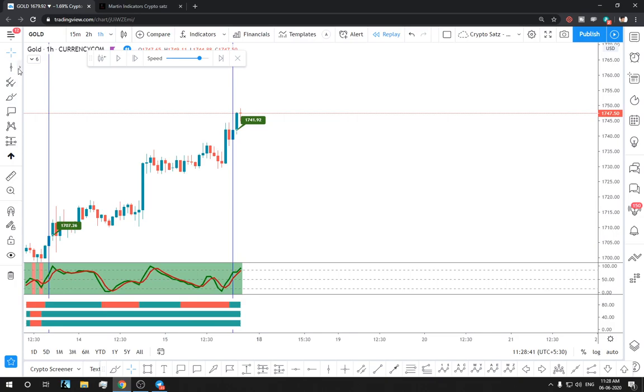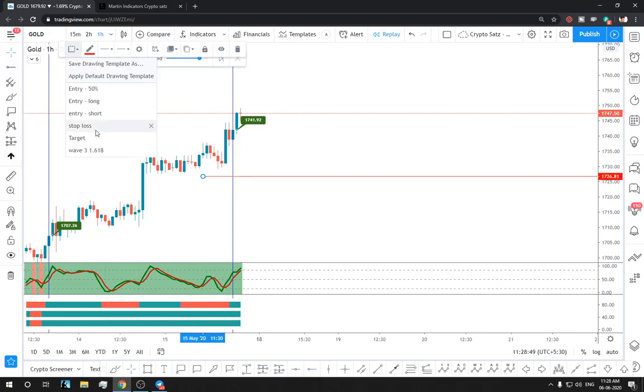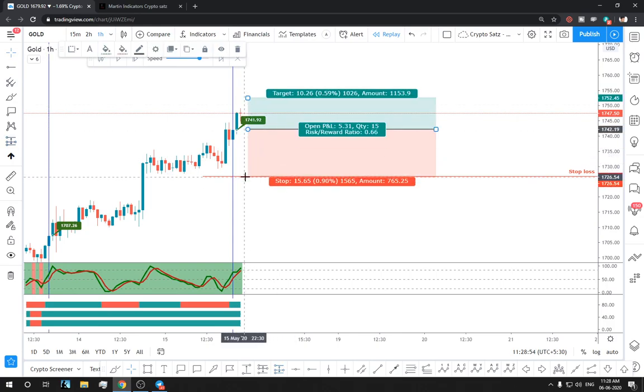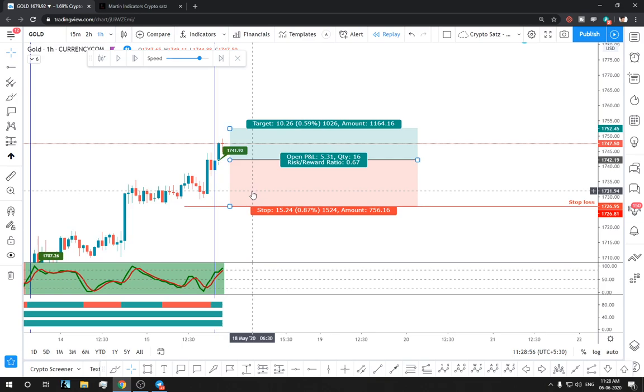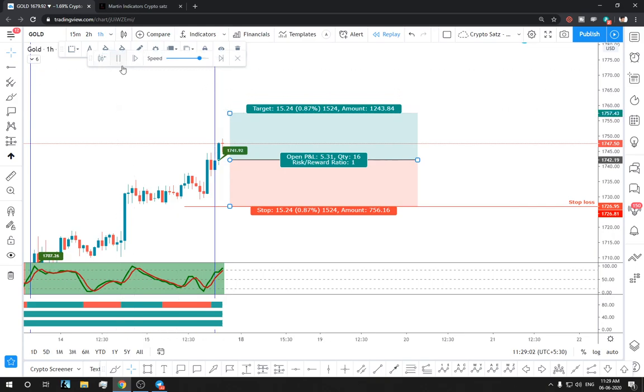So we place our stop loss at the previous 8 candles, which was a nice structure zone, so we can place our stop loss over here, and we take a long over here, quick 1:1 ratio, 0.87. So we'll play.